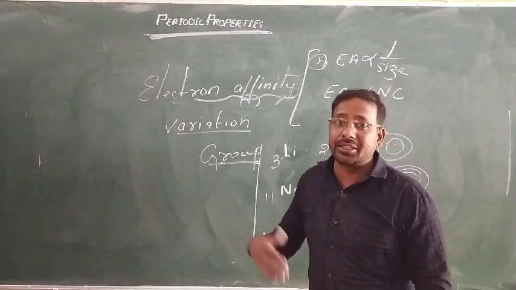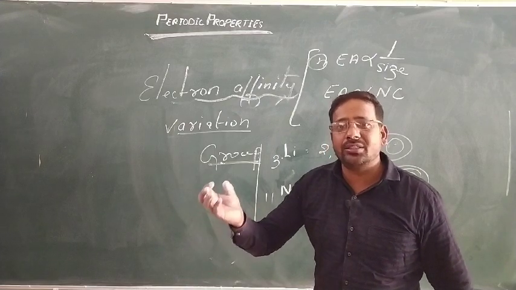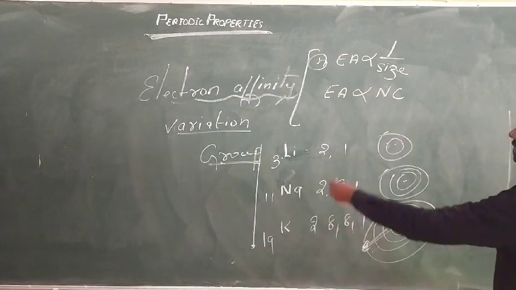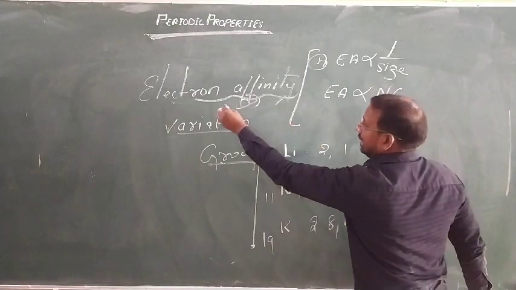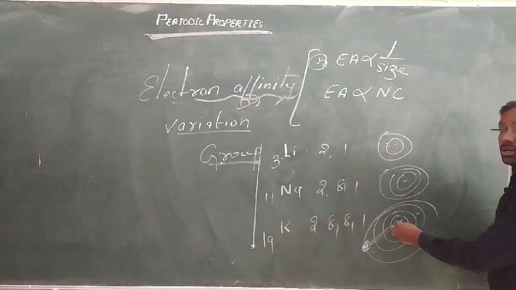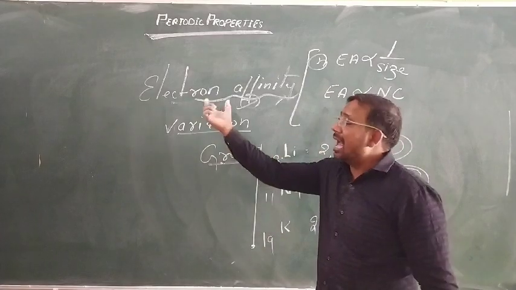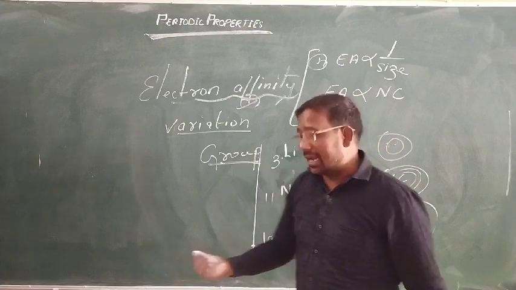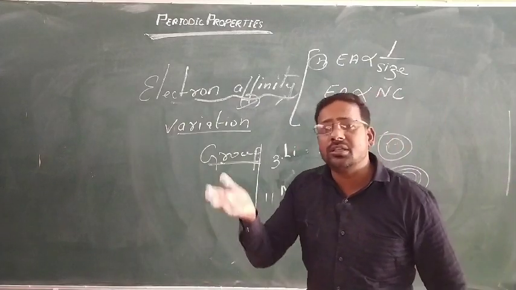And once size increases, a very small amount of energy is required. Means in the case of electron affinity, the attractive power between the electron and nucleus decreases. Already I have said one more thing, affinity means love toward the electron, and here attraction decreases means love toward the electron decreases.